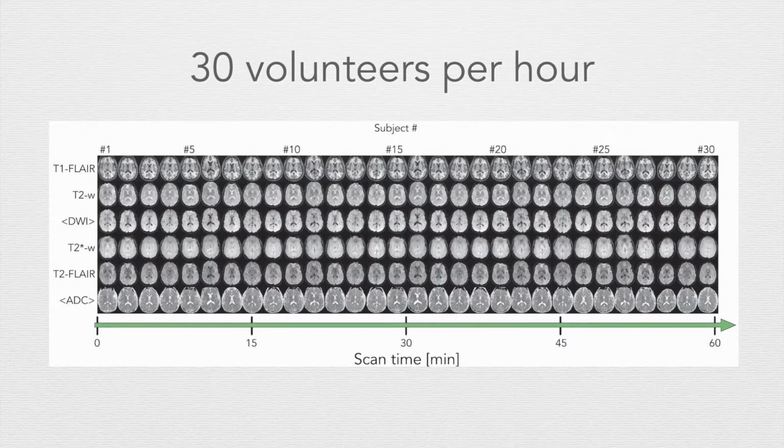If you think of 30 volunteers per hour, that is 1 minute of scanning and about 1 minute of swapping patients. In reality, if you would rely on EPIMix for a single brain exam, for a 1 minute scan, you would still need 5 or 10 minutes for patient preparation, more or less.